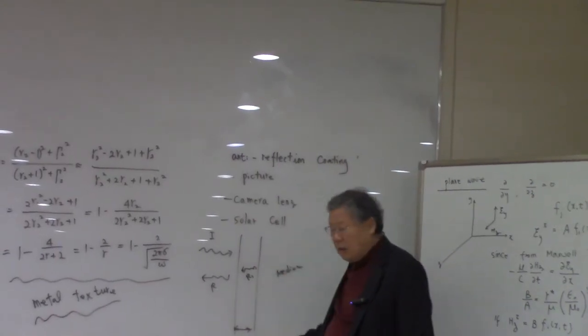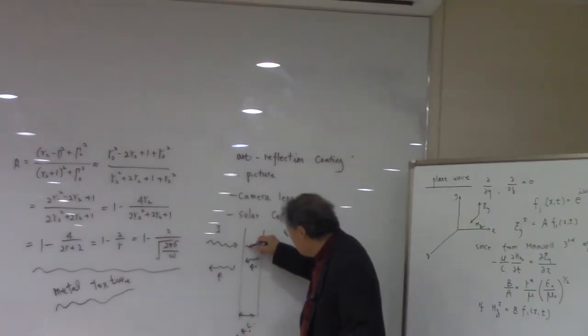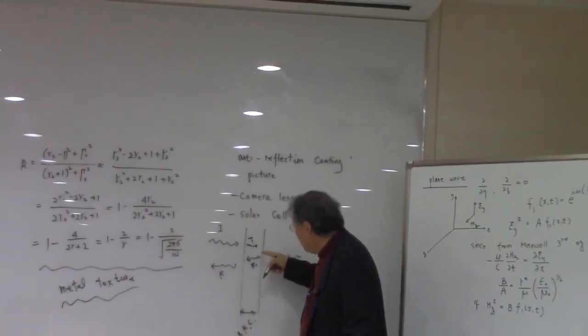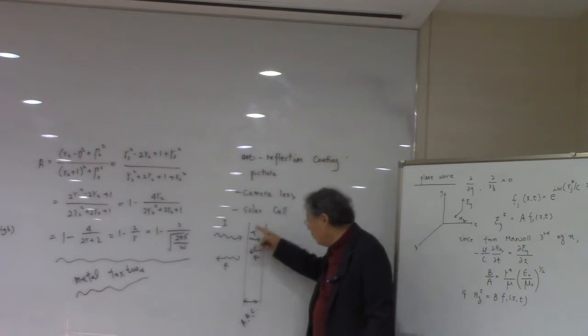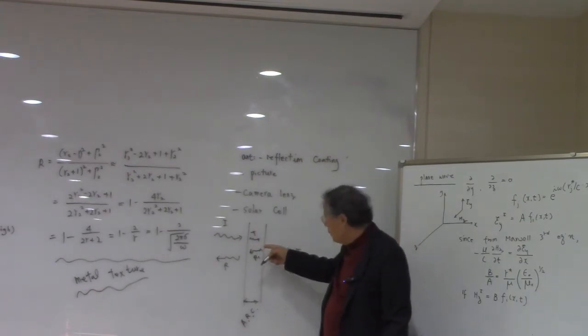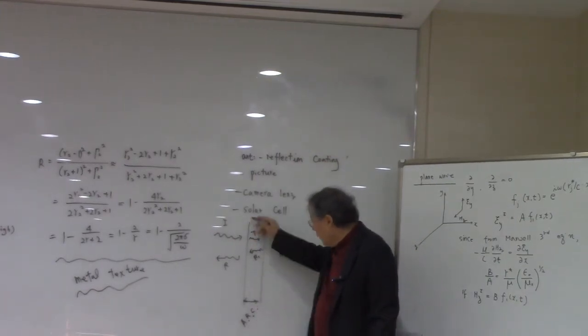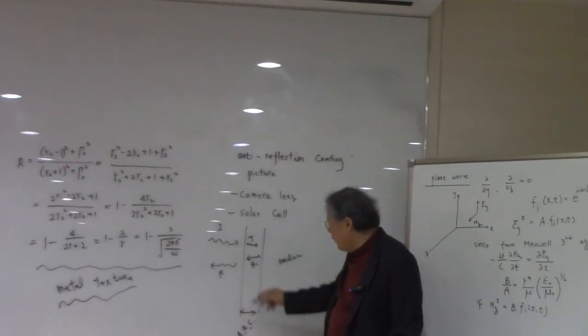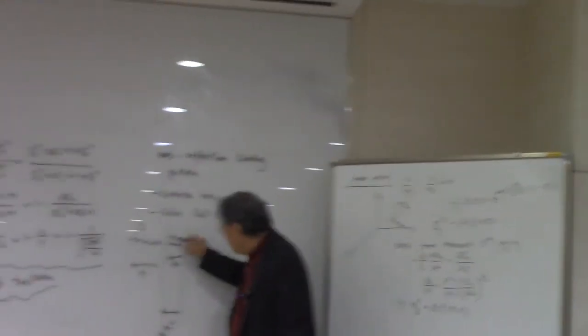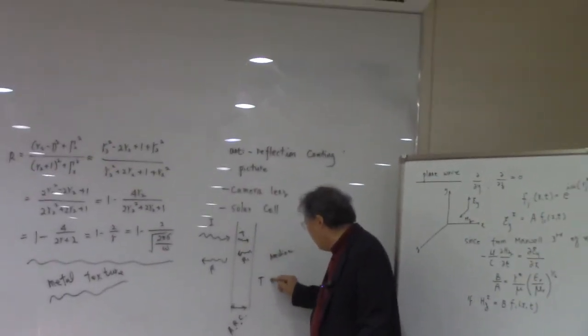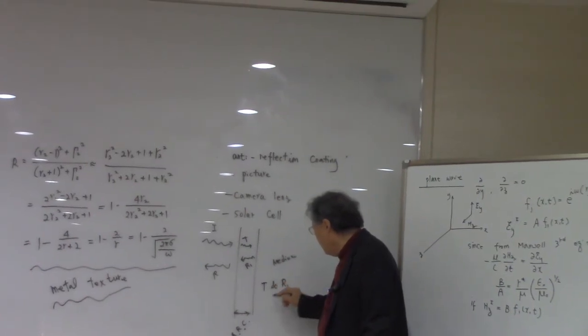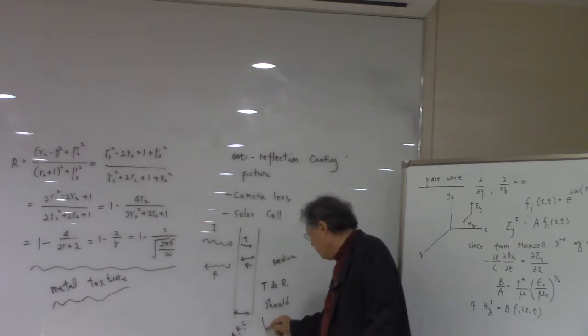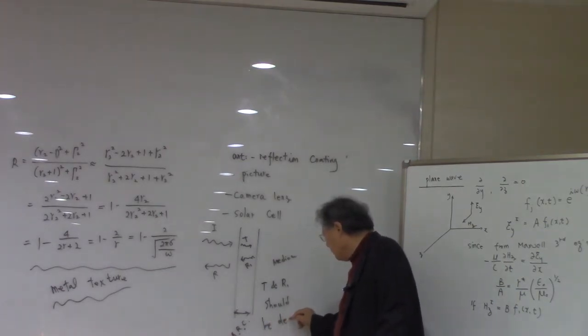at this interface, and then here is a transmitted beam, which has to be transmitted at this boundary, at this surface, and this T and R1 should be destructive.